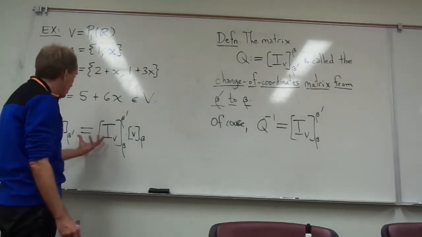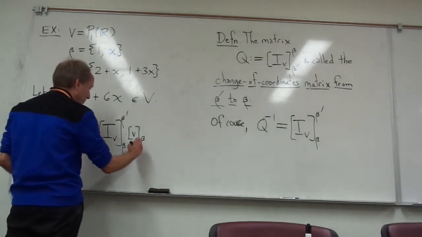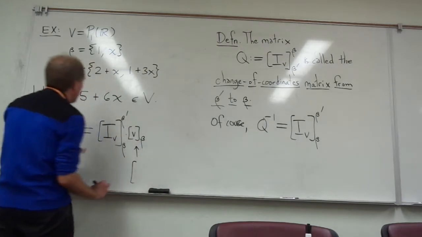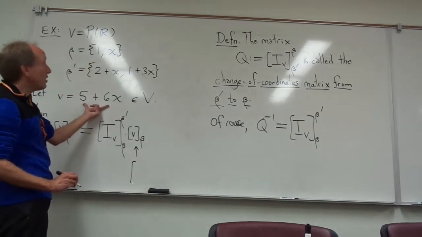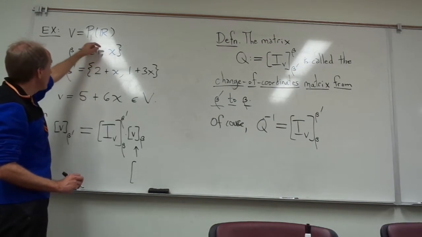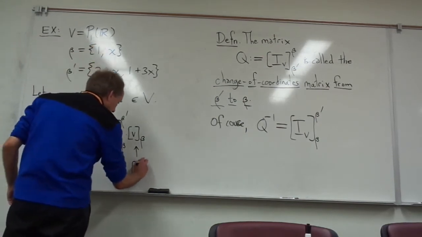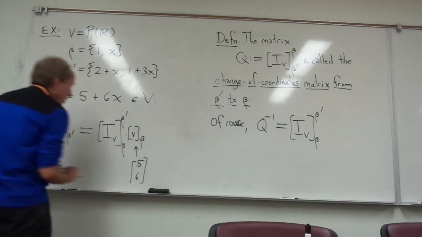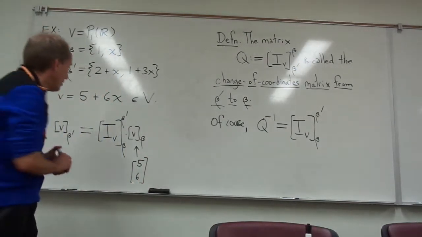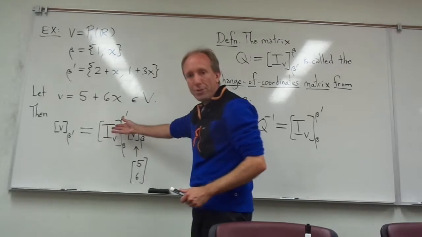Okay, so I'm going to use this formula because this vector right here, if I want to write V in terms of beta, well, it's just 5 times the first vector plus 6 times the second vector, right? That's pretty simple.